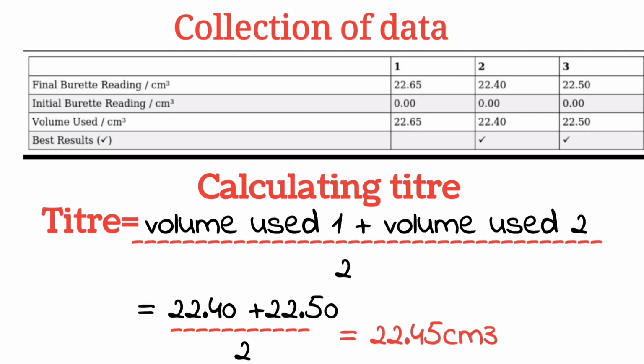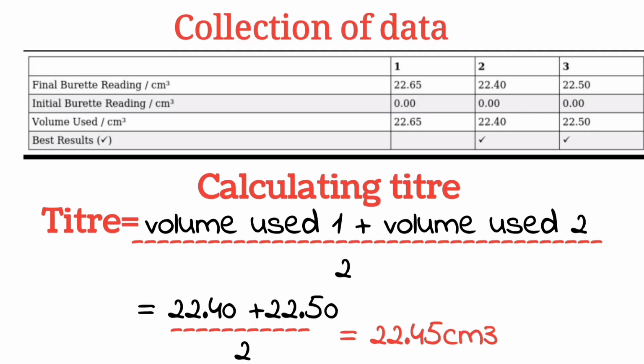The formula says to have the titer, which is the volume of the acid used, you take V1 and V2, volume 1 and volume 2. That is the first and second accurate, and then you divide by 2. Our first accurate gave a volume of 22.40, second accurate gave a volume of 22.50, and then we divide by 2. When we divide by 2, what we will have is 22.45 cm cube.